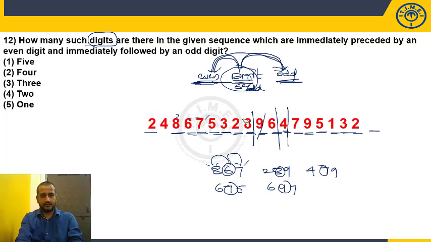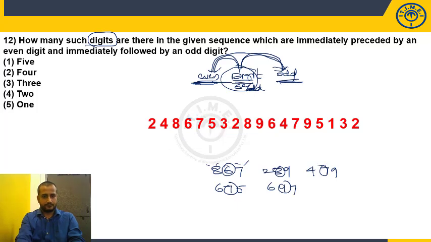Let me explain you again. What is the point exactly we focused here? See, we required one even digit followed by an odd. This is what exactly we required.